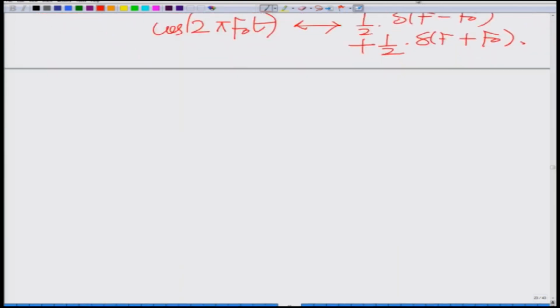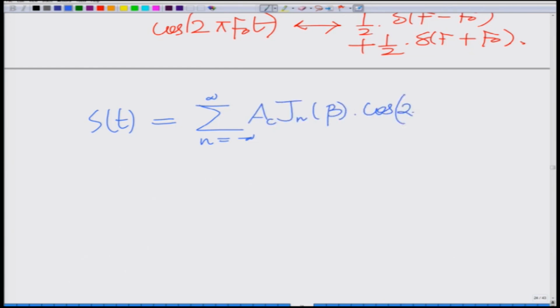Therefore, if you look at S(t), let me rewrite it again: S(t) equals the summation from n equals minus infinity to infinity of A_c J_n(β) cosine(2π (f_c + n f_m) t).